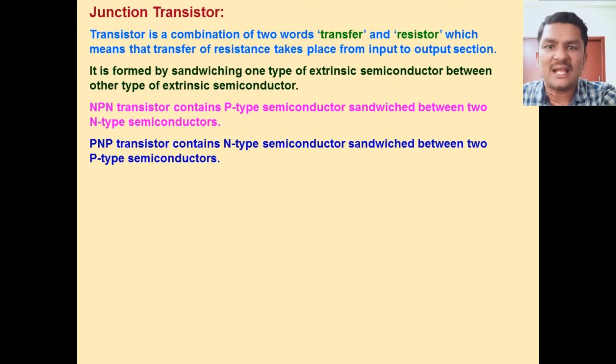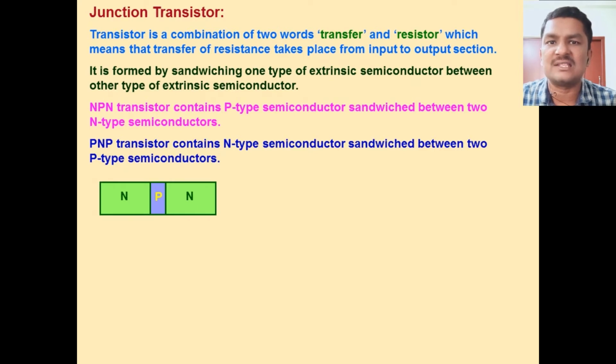Like that, a PNP transistor contains n-type semiconductor sandwiched between two p-type semiconductors. First one is NPN transistor and second one is PNP transistor.